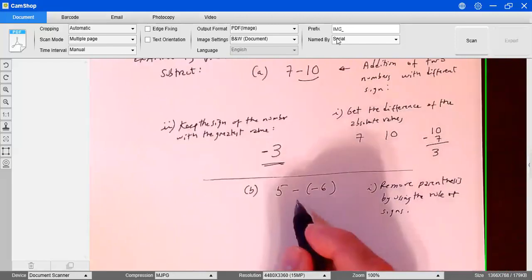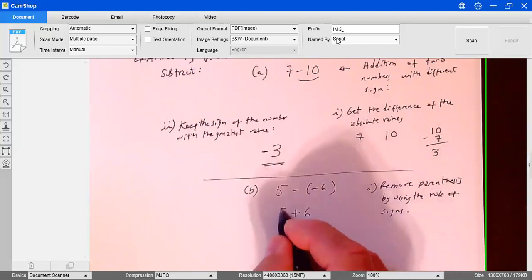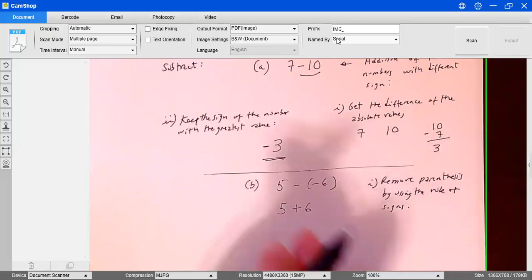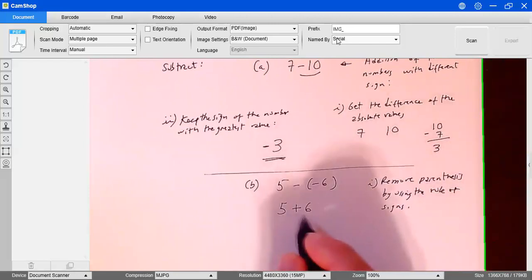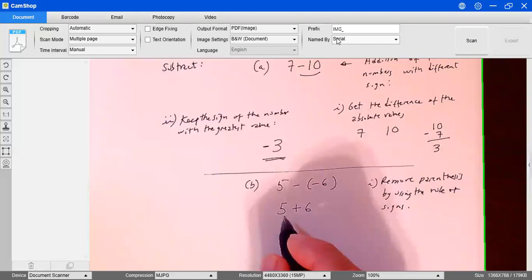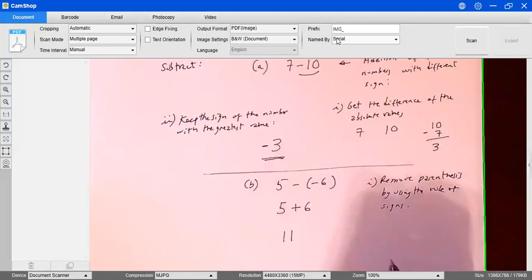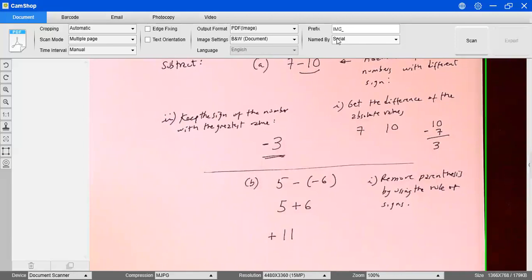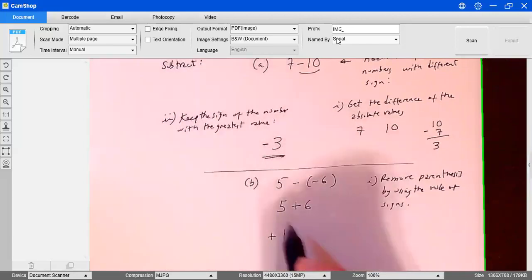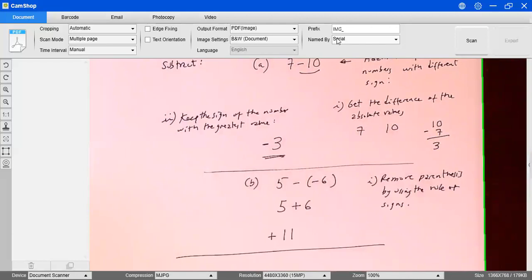Negative times negative is going to be positive. We have 5, we have 6, and this is very simple addition, because we are adding two numbers with the same sign. When you are adding numbers with the same sign, you just add the absolute values, which is 11, and you keep the common sign because they have the same sign now. So that's the answer for this problem.